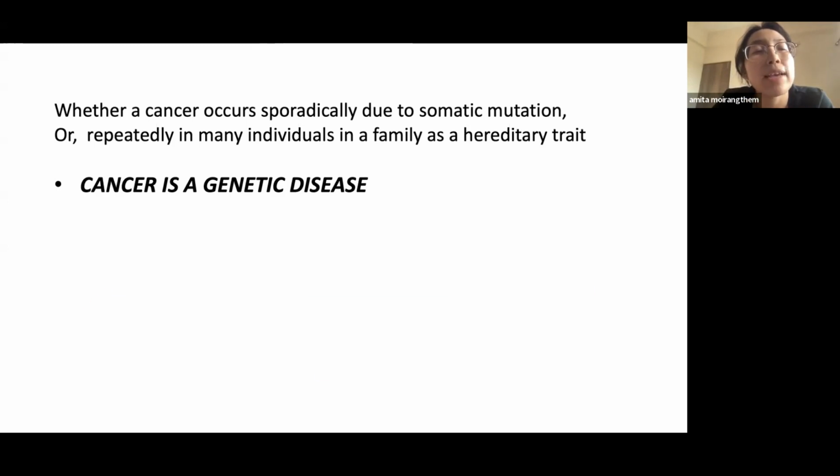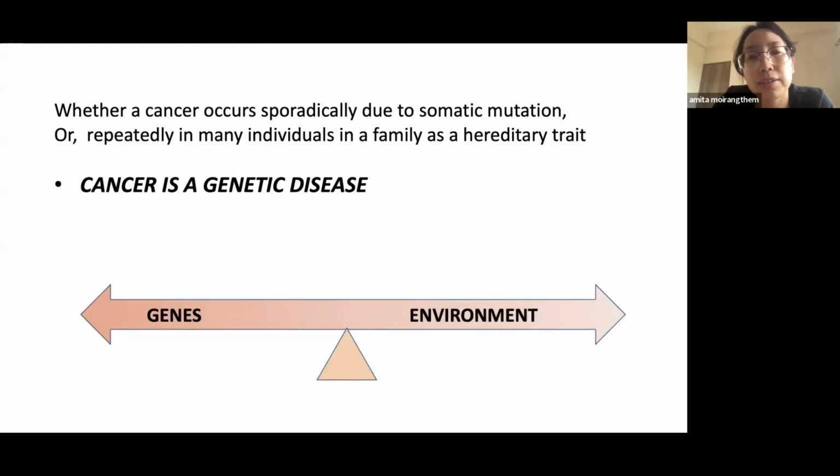And as true for all genetic disorders, or in fact most of the disorders that we know of, it is an interplay of the genetic effects and the environmental factors. So the balance of which one outweighs the other, or how much effect each factor has, determines the outcome and the phenotype or the observable characteristics that we see in a particular disorder.